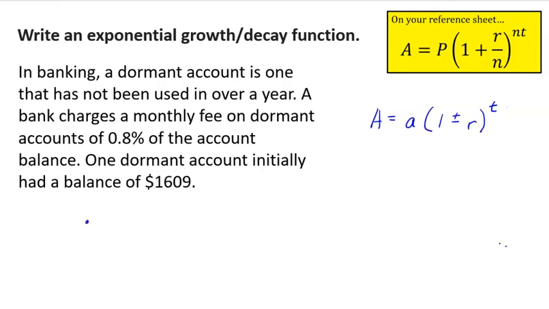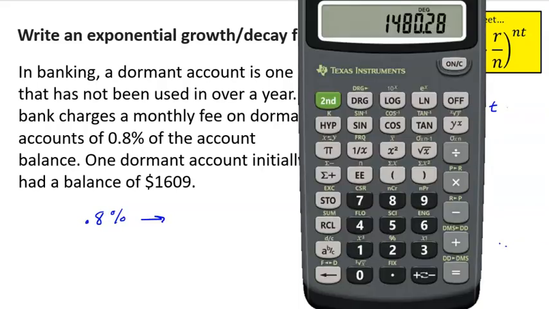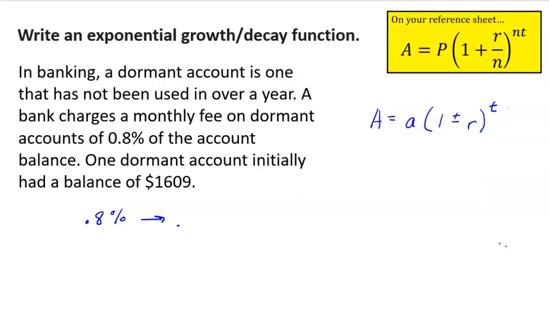So 0.8% is going to be our rate. We want to make sure that we're writing that as a decimal. So I'm going to just put 0.8, and then percent means divide by 100, and that gives me 0.008.